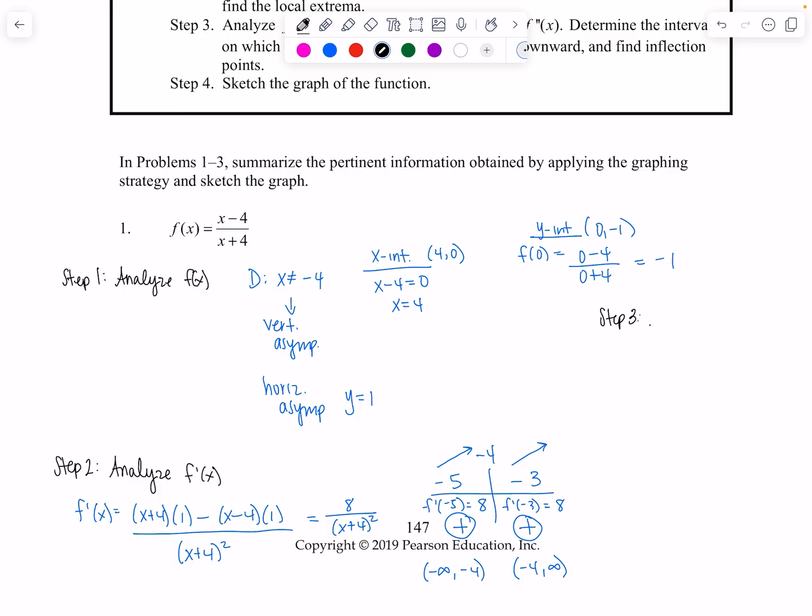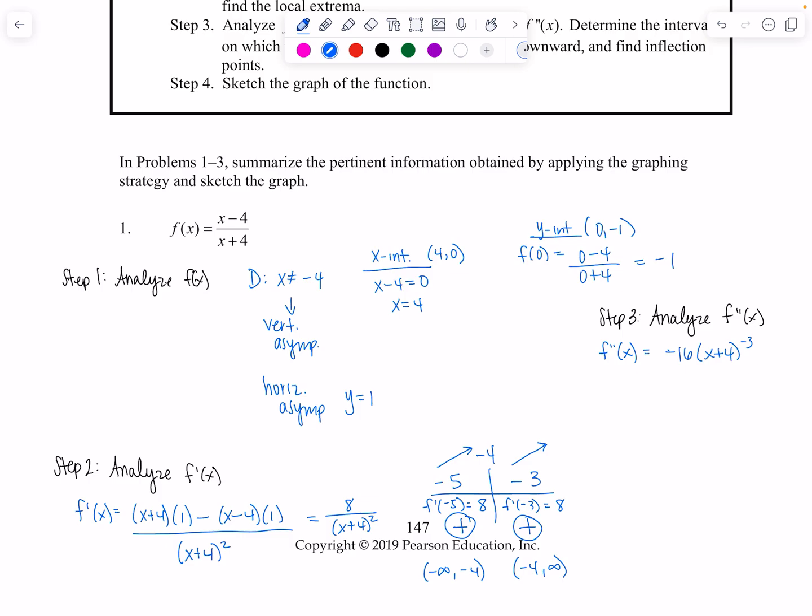Next, we'll look at our second derivative. And so we have 8 times x plus 4 to the -2. So we'll use our power rule. 8 times -2 will give us -16 times x plus 4 minus 1, so to the -3.